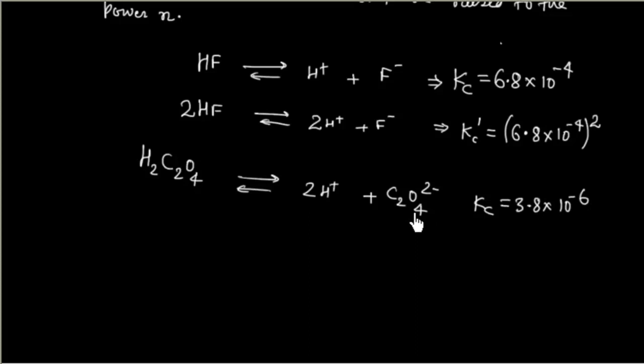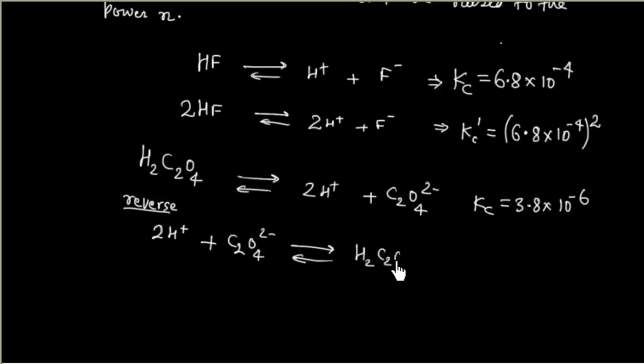Since I need C2O4 2 minus on the left side, we have to reverse this reaction. That is, 2H plus and C2O4 2 minus gives you H2C2O4. If I reverse this equation, the equilibrium constant, let us say Kc double dash, also becomes the reciprocal, that is 1 by Kc, which is 1 by 3.8 into 10 to the power minus 6.